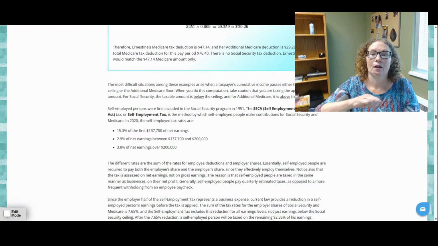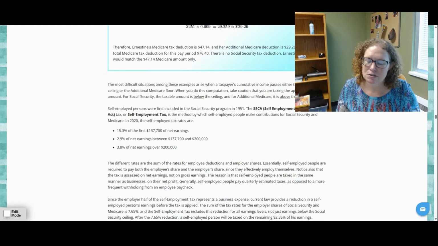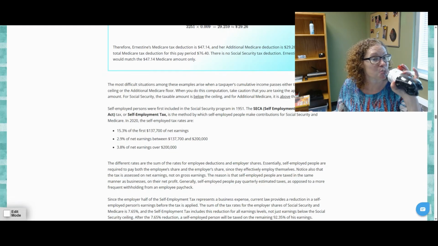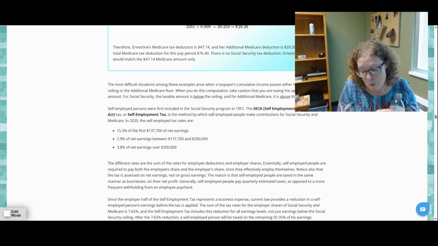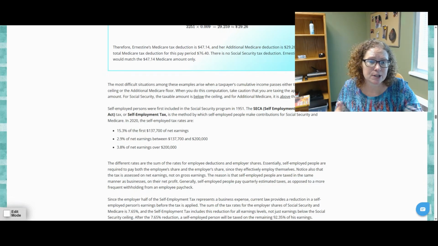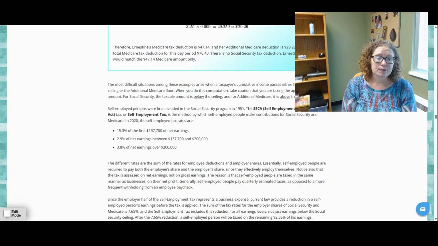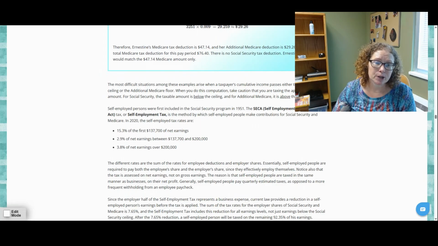So, yeah. If you're self-employed, it's a little bit different. There are different numbers and different things that you have to look at. So, for example, in 2020, the self-employed tax rates were what is listed below.